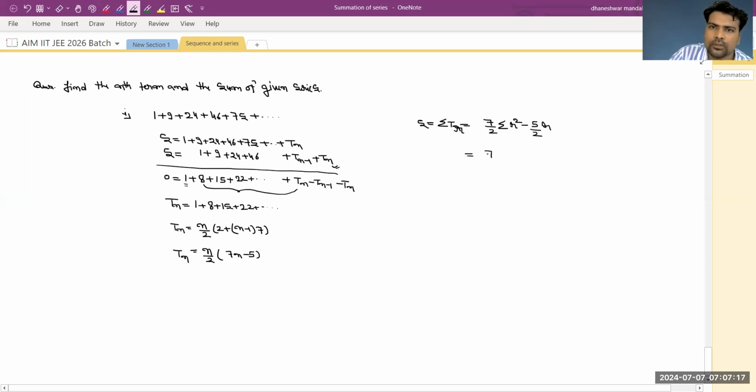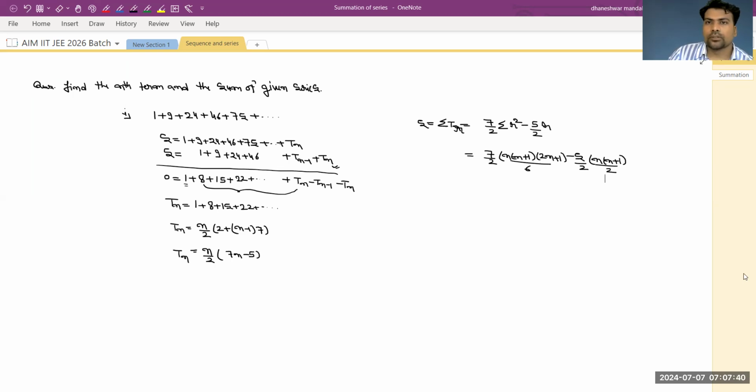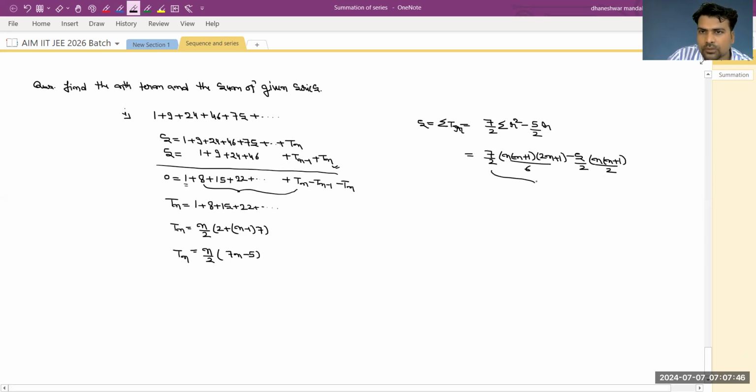So what is the summation of r square? n plus 1 into 2n plus 1 divided by 6, and 5 by 2 is here. And what is the summation of r? n plus 1 divided by 2. Okay, so this is the answer of this question. I'm leaving this term for you to use, so simplify this expression.